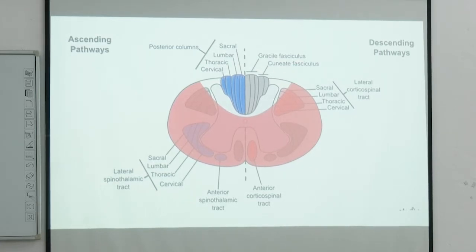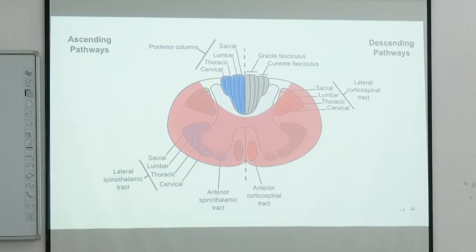Now, this is your lateral spinothalamic tract. In the spinothalamic tract it is opposite: the sacral and lumbosacral fibers are located laterally, and medially are the cervical and thoracic fibers, right?